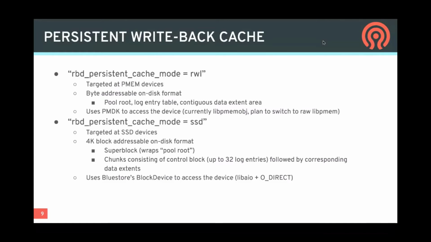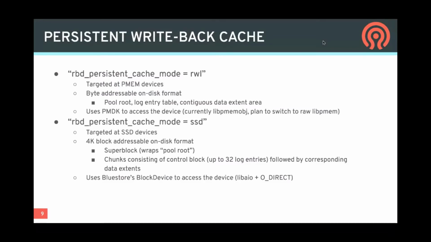In the persistent memory mode, which is referred to as RWL, for historic reasons, the on-disk format takes advantage of byte addressability of persistent memory, and it is just very simple head and tail pointers in the pool root structure, a contiguous log entry table, and a contiguous data area. The SSD mode is more complicated.